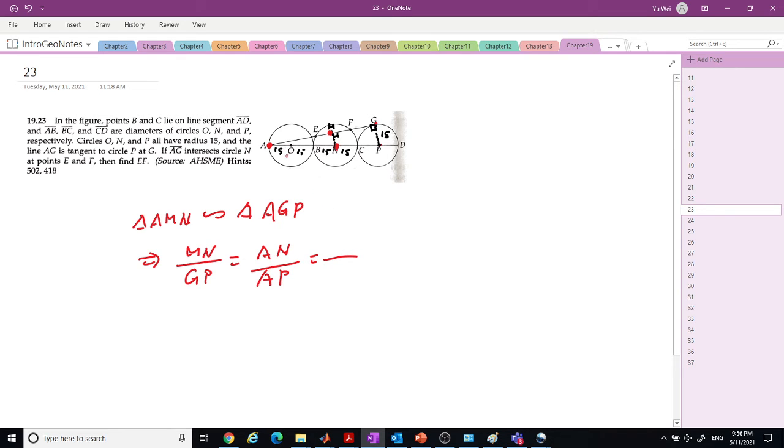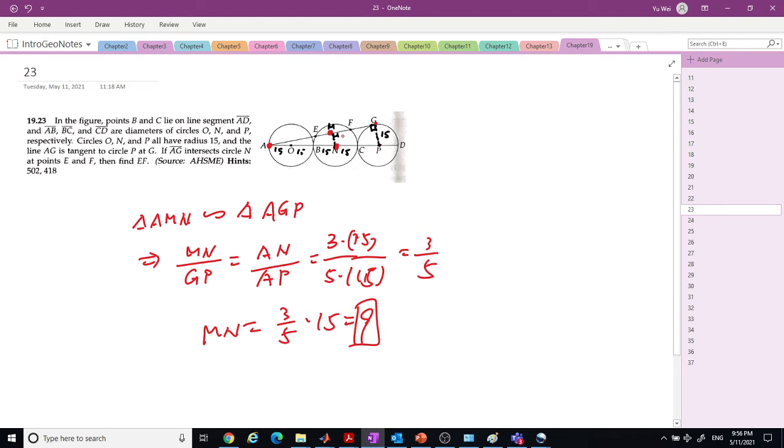AN over AP: 1, 2, 3, is 3 times the radius, and the other has 4, 5, 5 times the radius. So that's why it's 3 over 5. So now you know that MN is equal to 3 over 5 times 15, which is 9. So you know this one is 9, this one is 15, right? If you know this one is 9, that's simple.